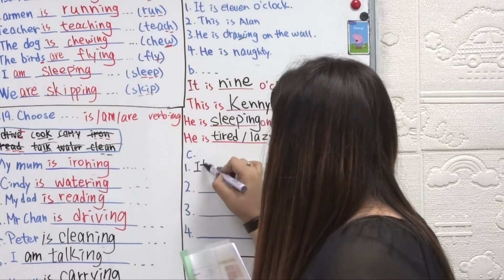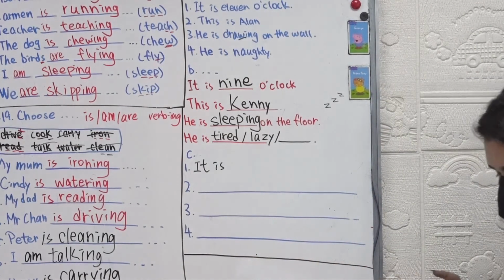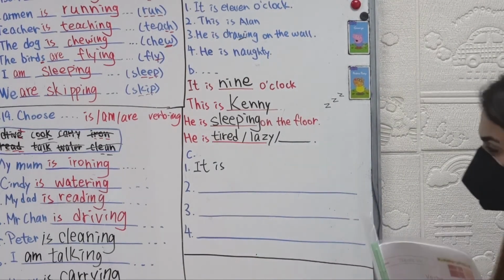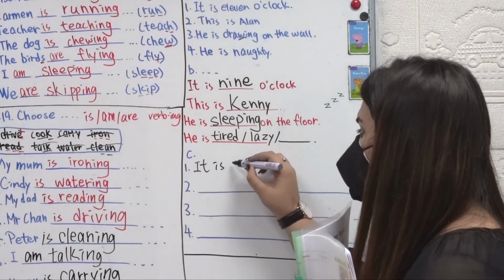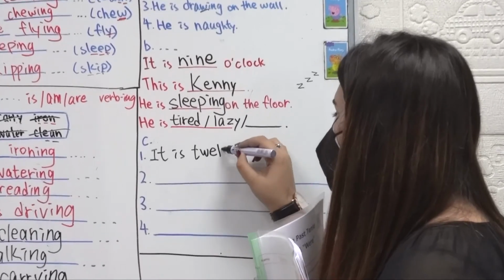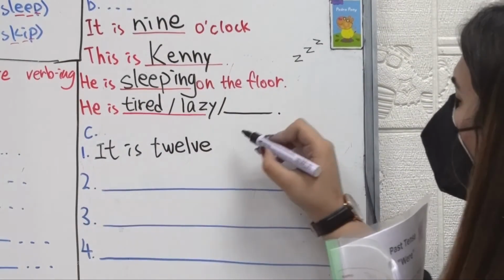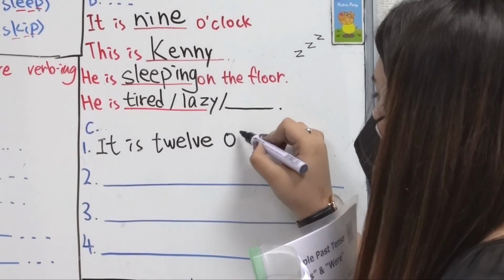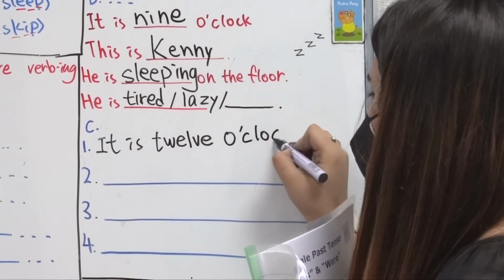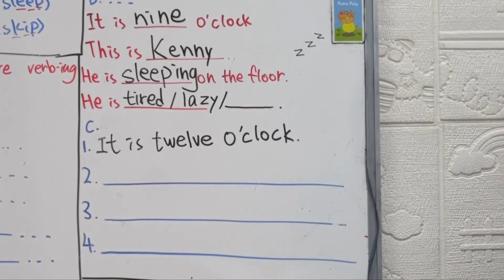It is, what time is it? Yeah, it's pointing to 12, right? How to spell 12? Do you know? T-W-E-L-V-E. 12, okay? And then o'clock. It is 12 o'clock. Yes.